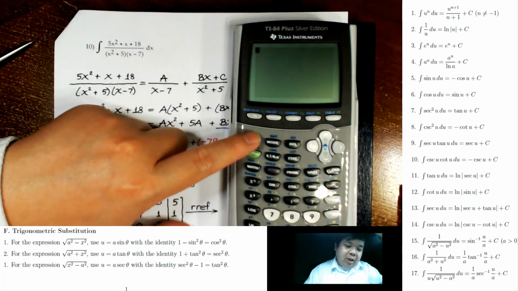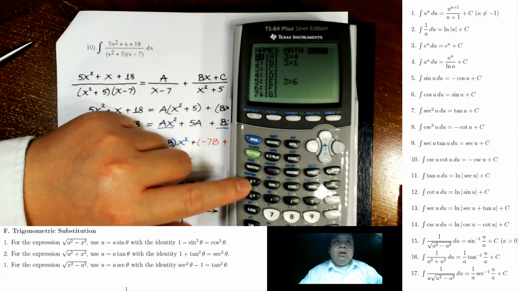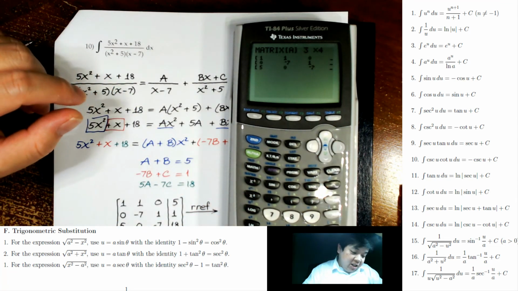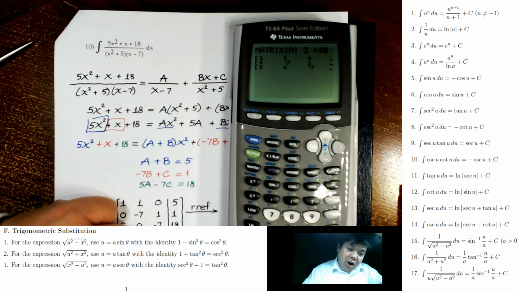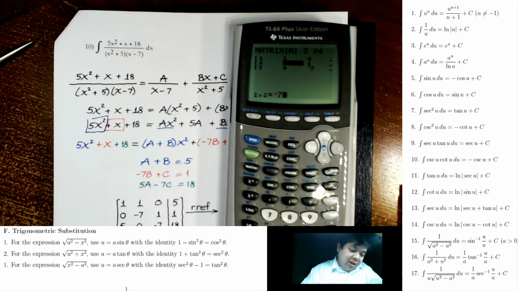So second matrix, 3 rows, 4 columns, and we just enter this matrix: 1 1 0 5, 0 negative 7 1 1, 5 0 negative 7 and 18.